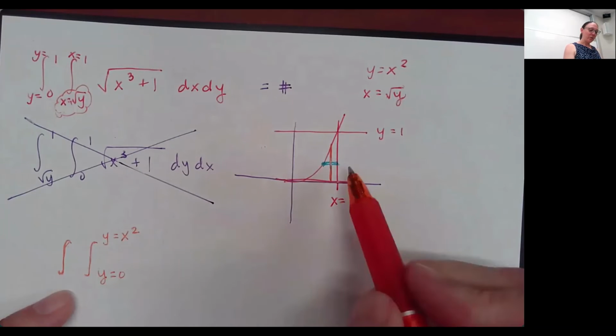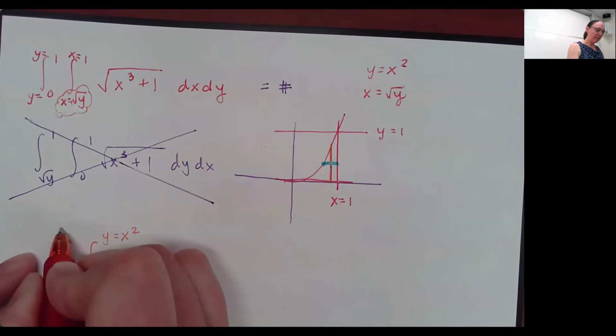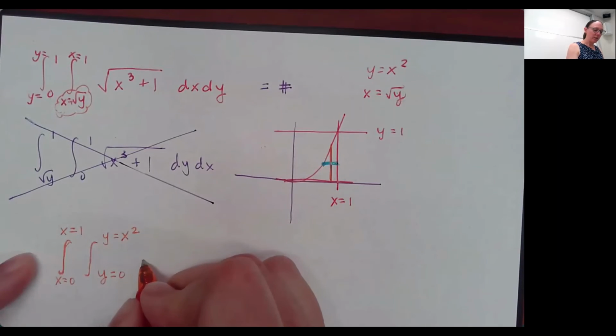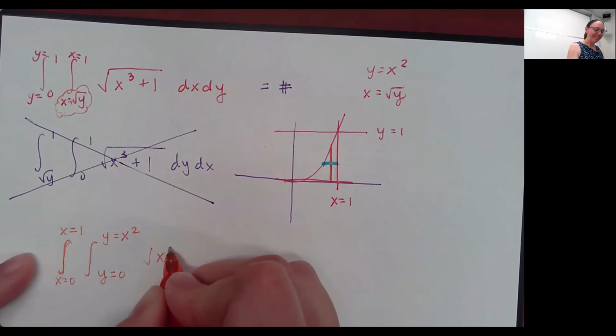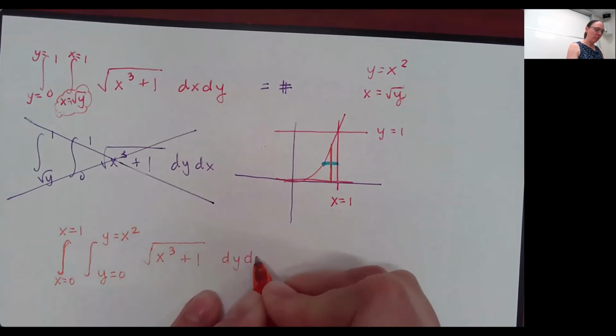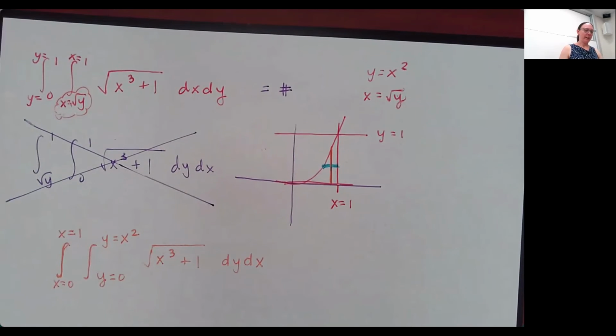I would take those vertical cross sections as far to the left as x equals 0 and as far to the right as x equals 1. When we switch that order of integration, we haven't done anything to change that interior height function. The only thing we're doing is changing the bounds. And then we're ready to integrate.